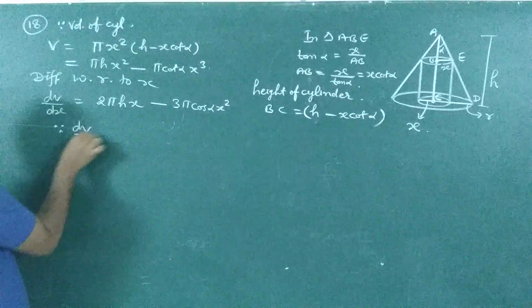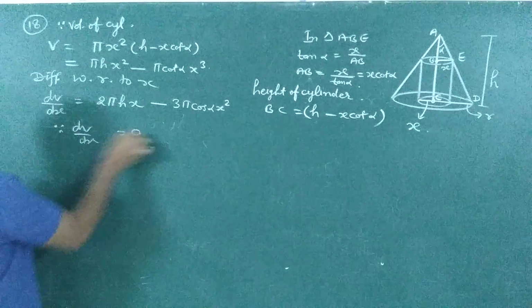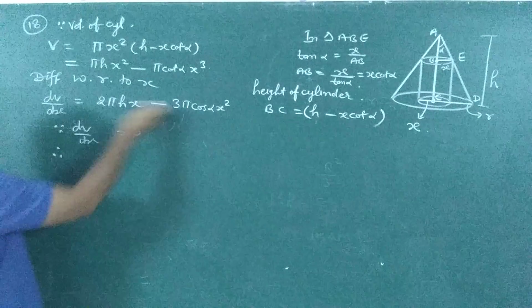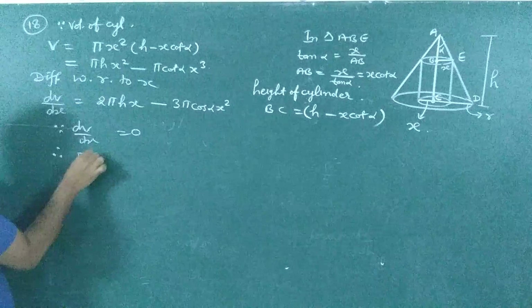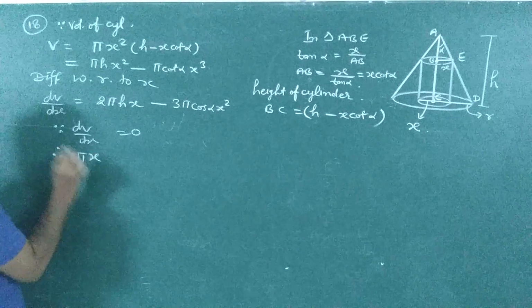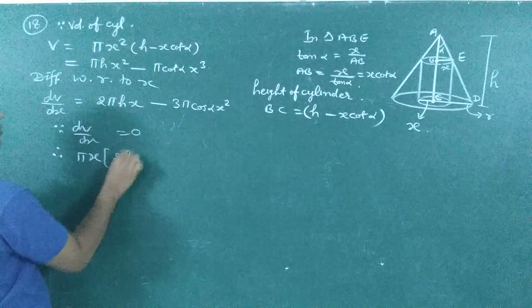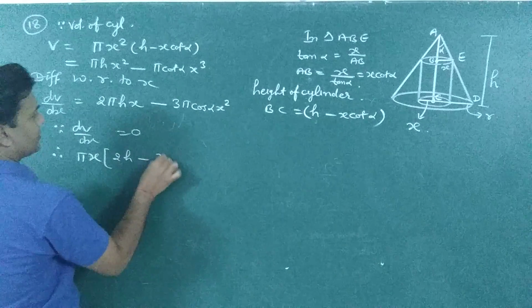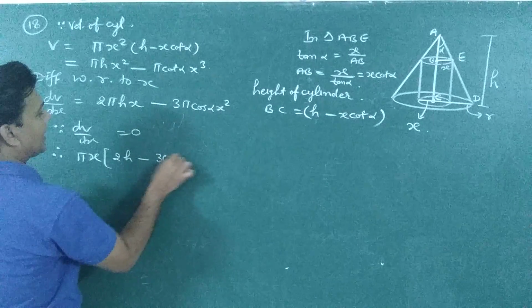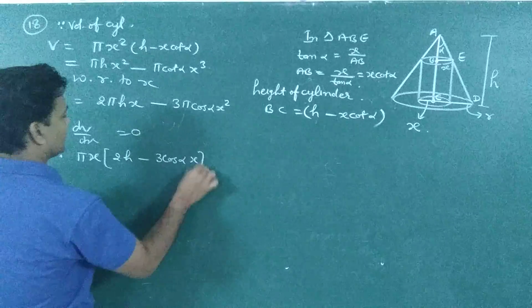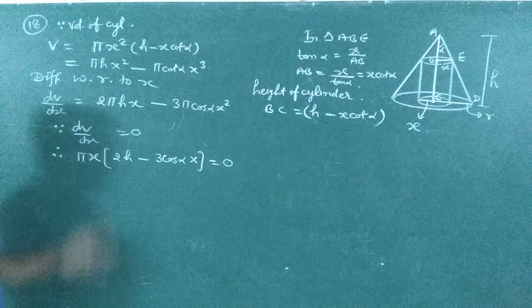Since dv by dx is 0, therefore from here pi x taking as a common, inside the bracket we have 2h minus 3 cot alpha x which is equal to 0.